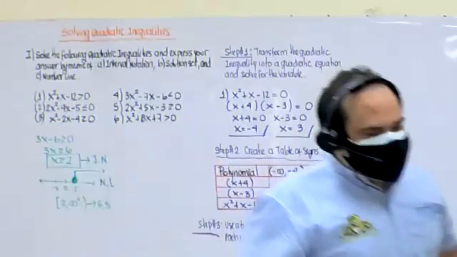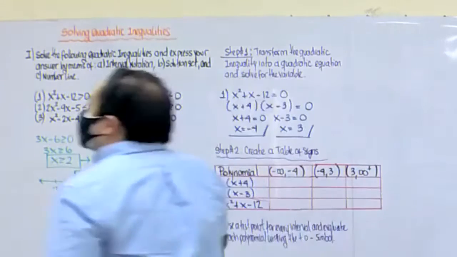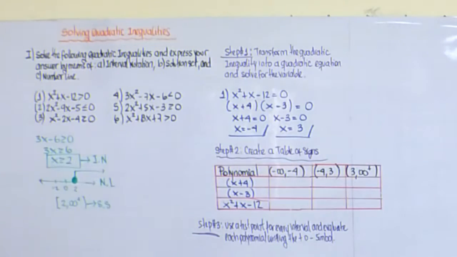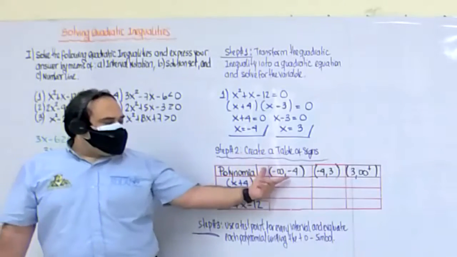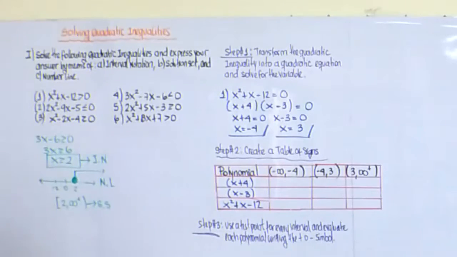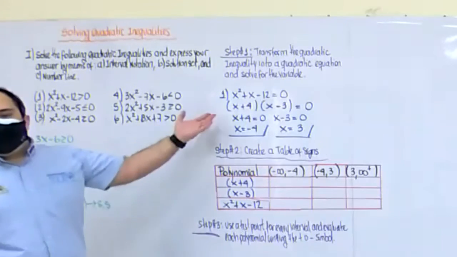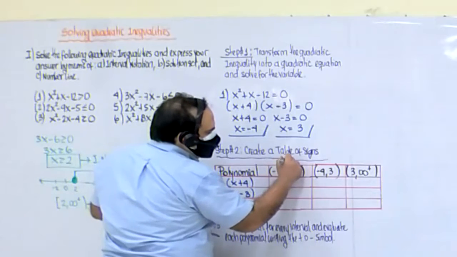How is that possible? It's simple. For example, in the first interval, we have the interval from negative infinite until negative 4. You can choose a random number that belongs to this interval. Because this is a random number, I'm going to choose negative 5, right?